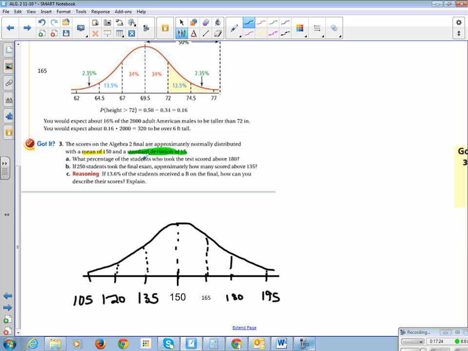So our data wants what percentage of the students who took the test scored above 180. So that is here.